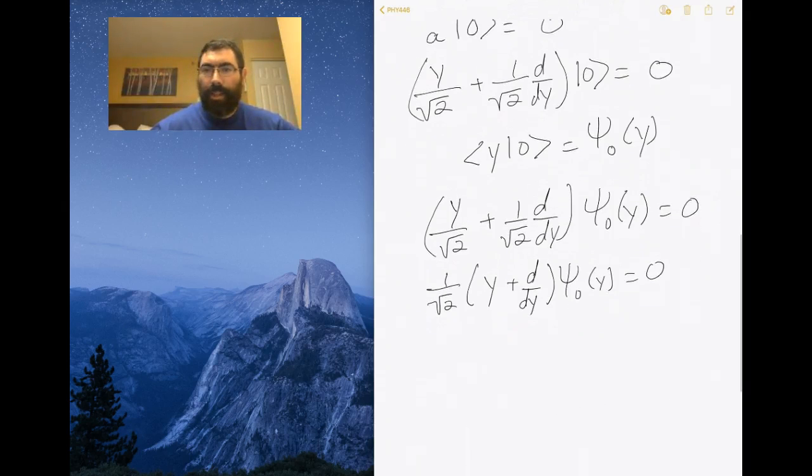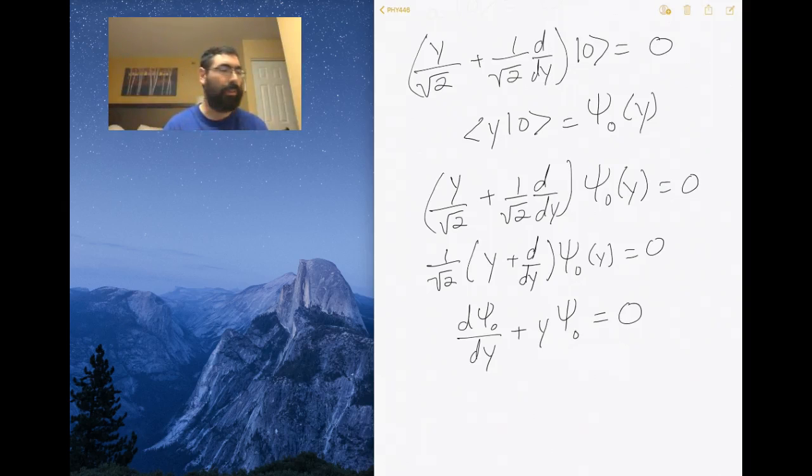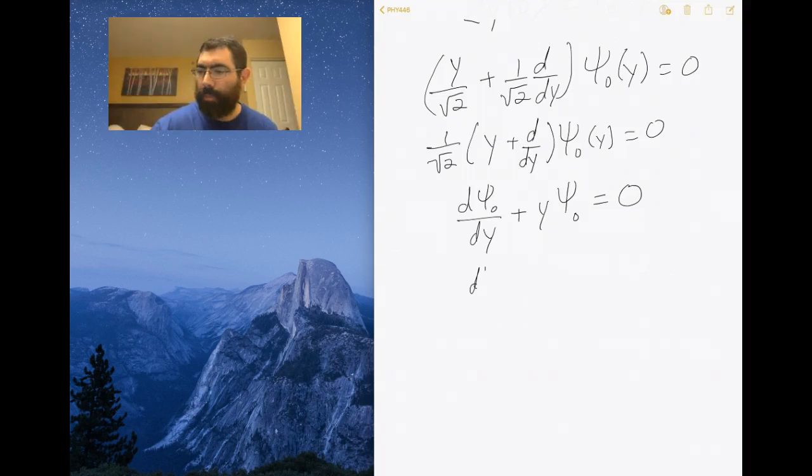So now we've got a linear differential equation, not a second order but a first order: the derivative of the ground state wave function with respect to y plus y times the wave function is equal to 0. And this one we can solve without much trouble.